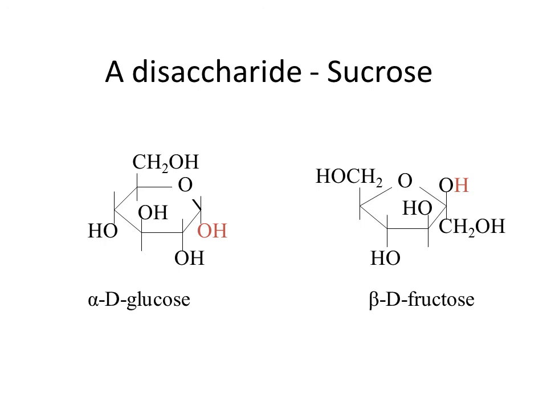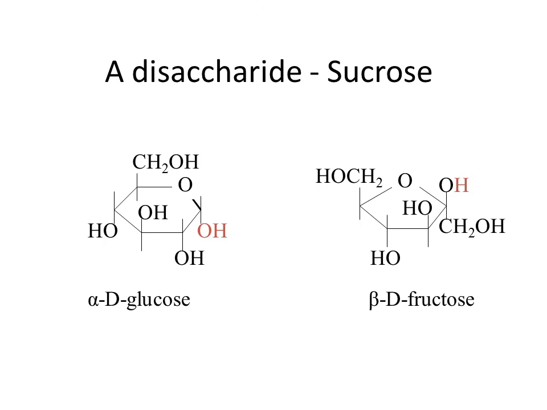It has the hydroxyl group down, and with beta fructose you can see that same hydroxyl group that is attached to the carbon that is attached to the ring oxygen has the hydroxyl group up.